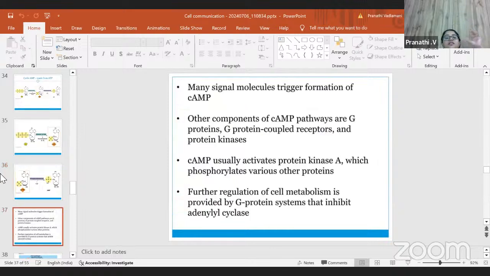With the help of cAMP, the cAMP pathway is triggered, and this activates protein kinase A, which inside the cell phosphorylates other proteins.